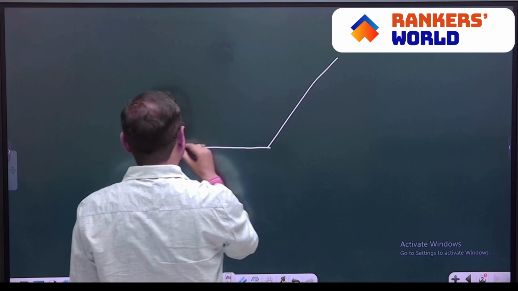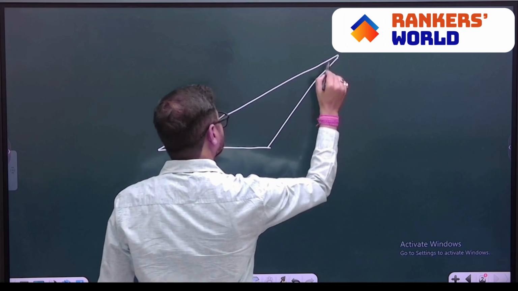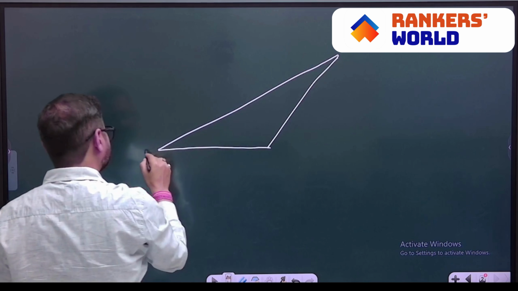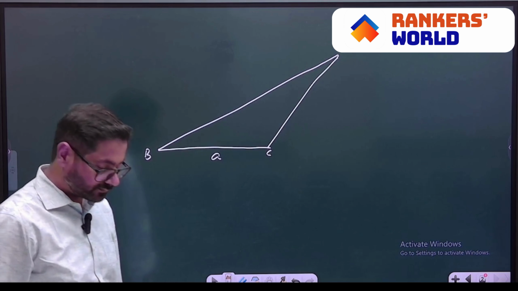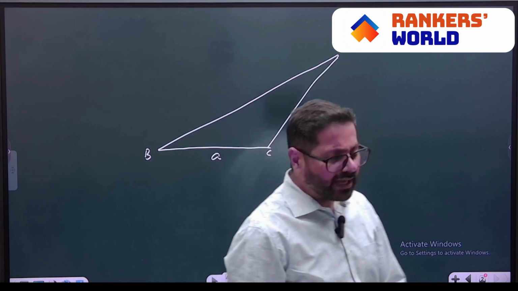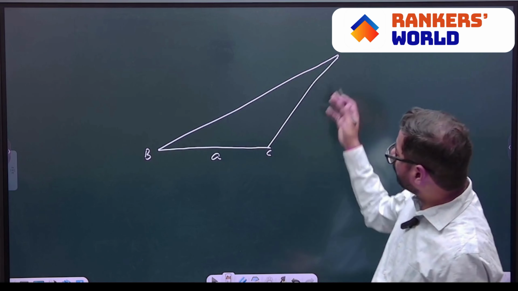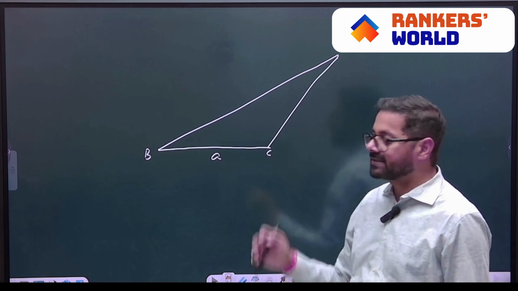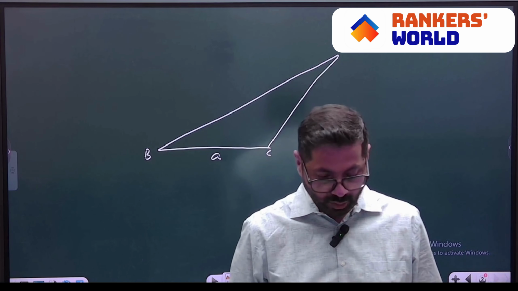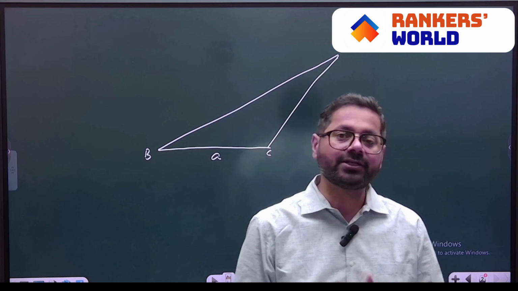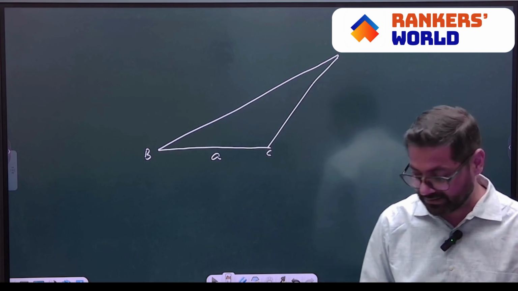If I draw a triangle like this, this is ABC, and this is the base a. I do not have information about the other sides, so BC has been given, and I really want to find out the altitude, the height, for this base.